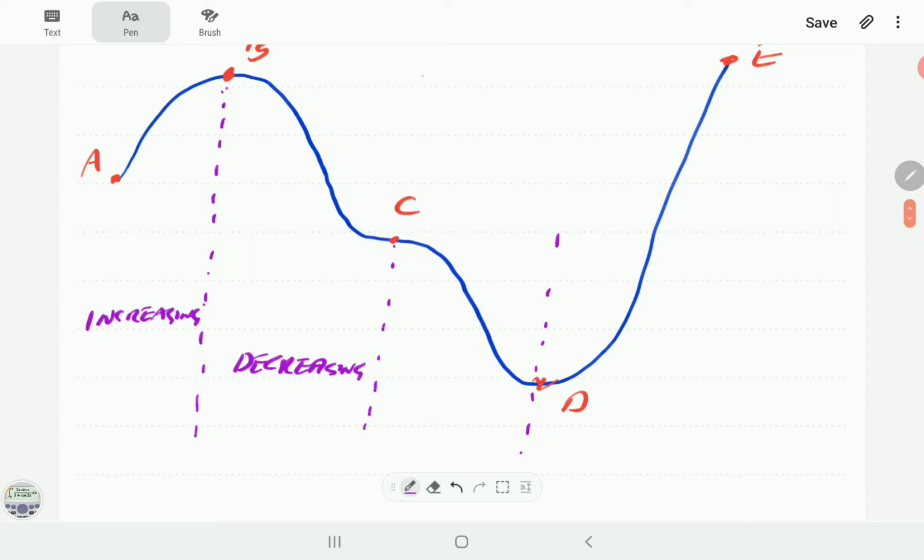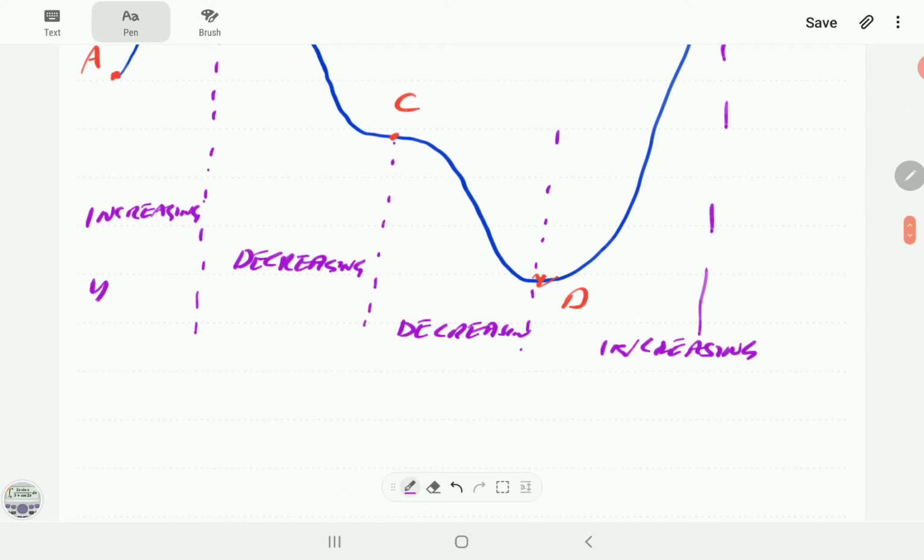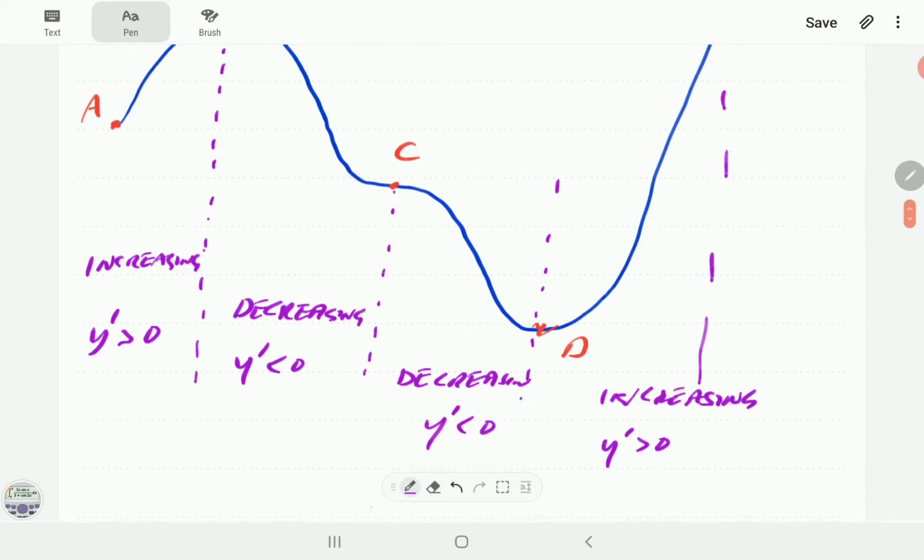C to D is also decreasing. And then D to E is increasing again. So from what we said earlier, where the graph is increasing, the derivative is positive. Where the graph is decreasing, the derivative is negative. So D to E, the derivative is going to be positive again.